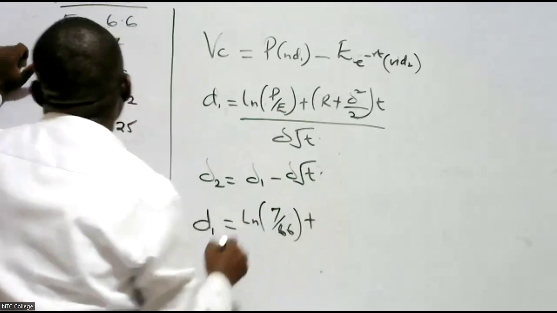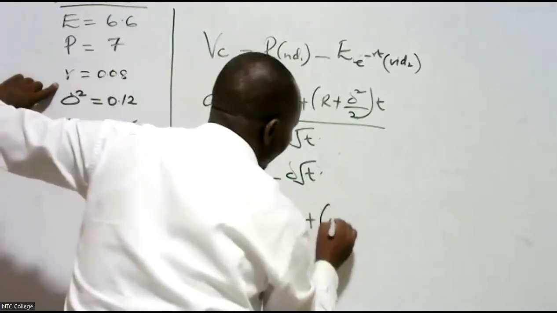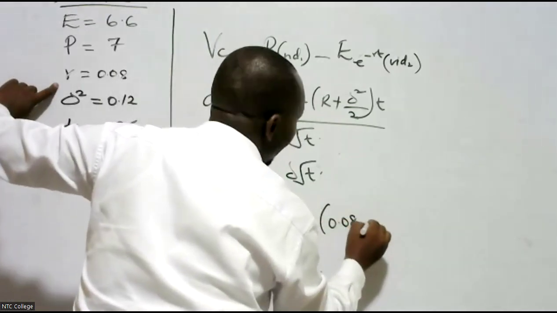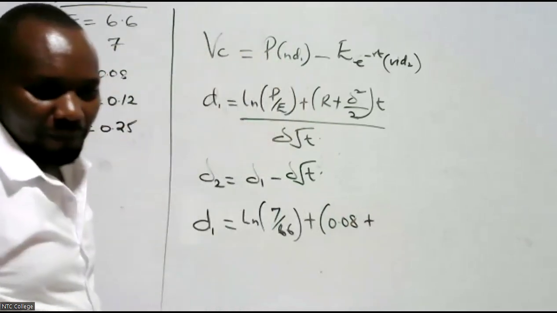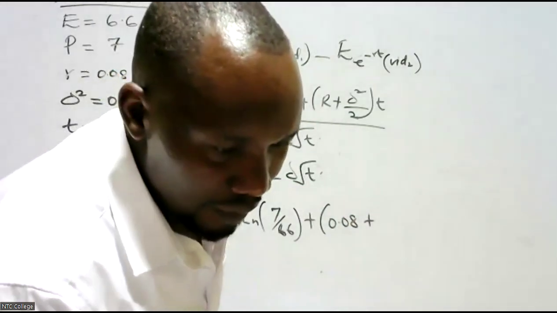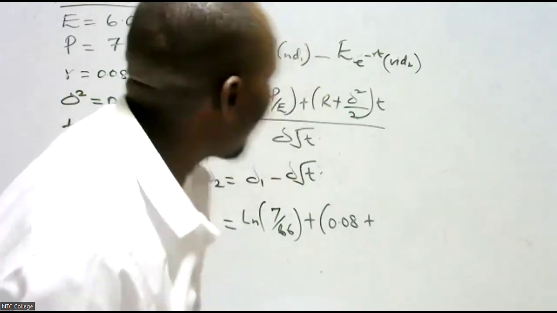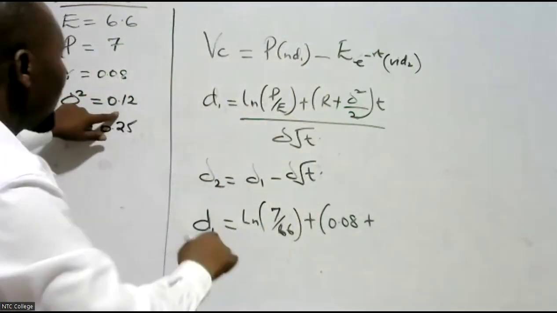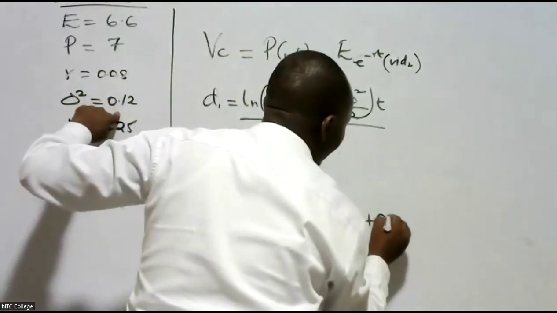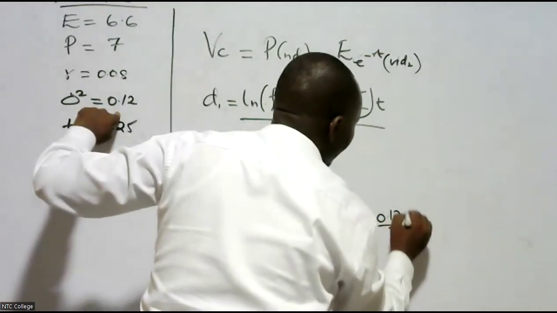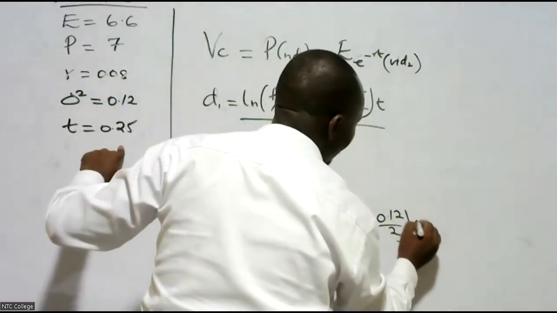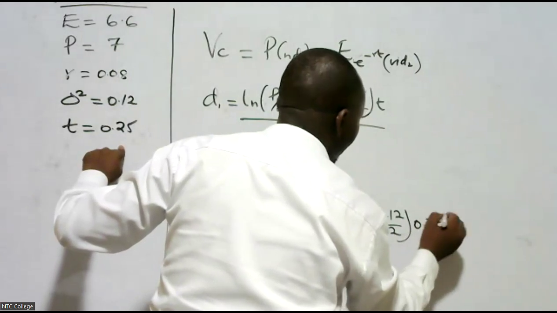Plus R we know, 0.08, plus variance is given already, so we have 0.12 all over 2, times time, 0.25.